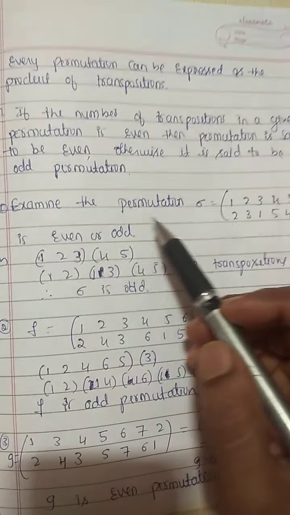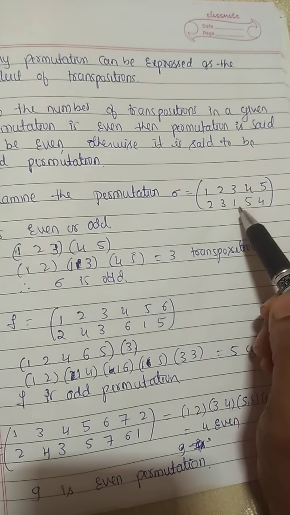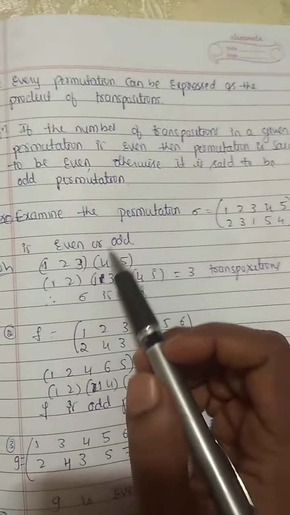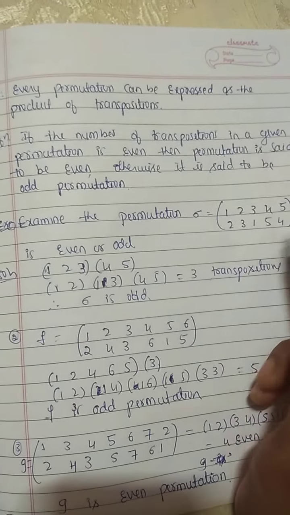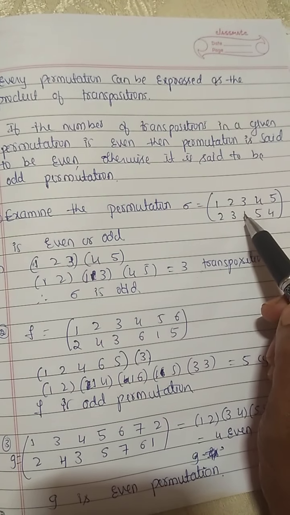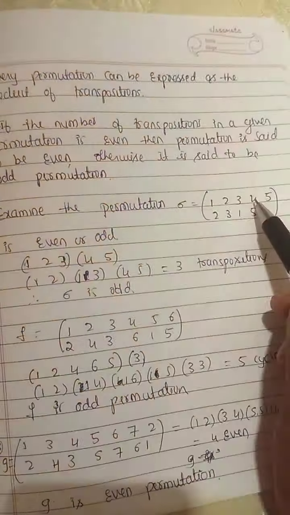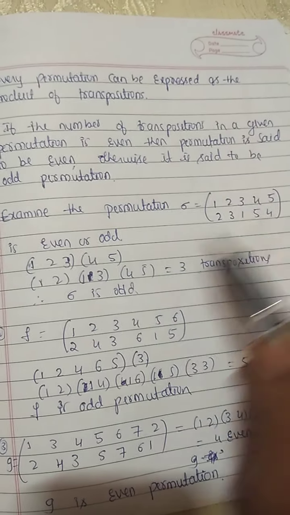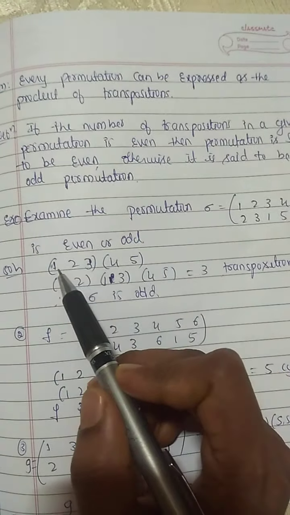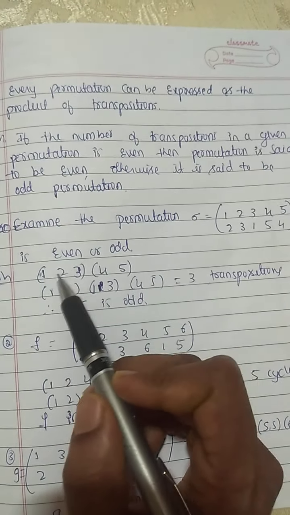For example, examine whether the permutation sigma, 1, 2, 3, 4, 5 over 2, 3, 1, 5, 4, is even or odd. First, write this into cycles. 1 goes to 2, 2 goes to 3, 3 goes again to 1. This is the cycle (1 2 3). Next, 4 goes to 5, 5 goes to 4. This is one cycle, a transposition. Here the cycle length is 2, and there the cycle length is 3.